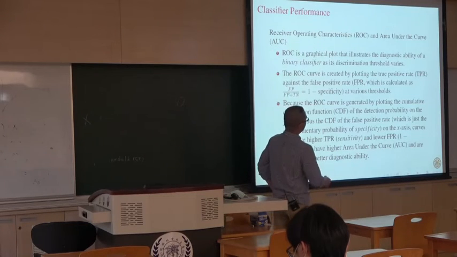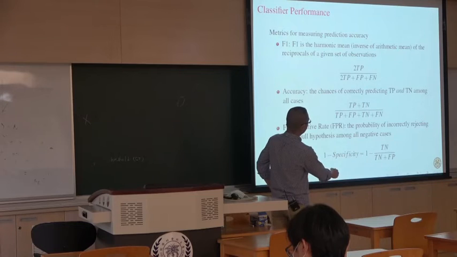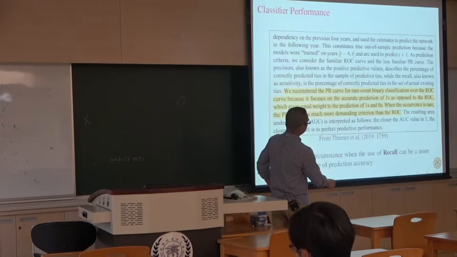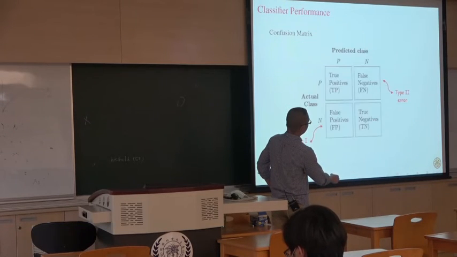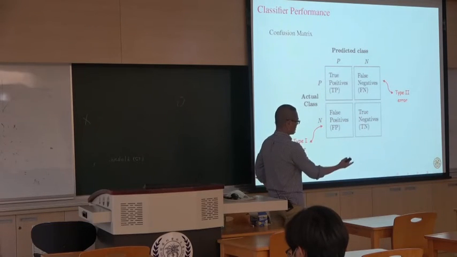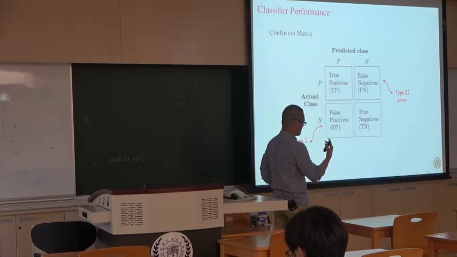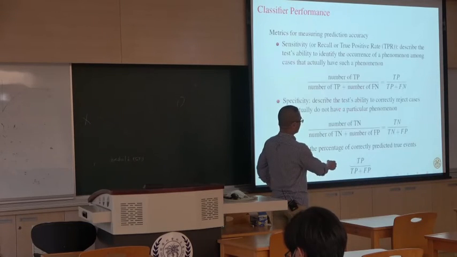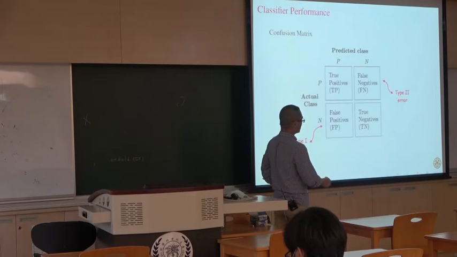Because the matrix that we use is built on this 2x2 table. If you're doing a three-type or four-type outcome, it wouldn't be able to fit into this 2x2 table.